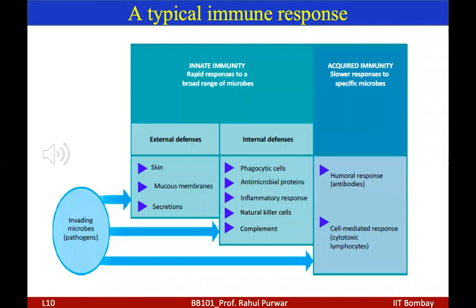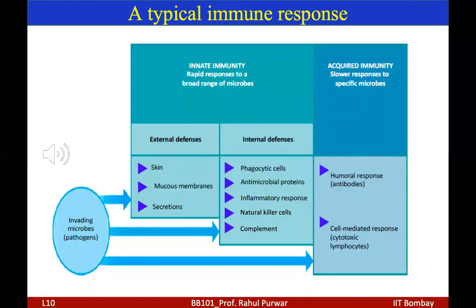So how are typical immune responses generated? You go from left: any pathogen or invading microbe comes to our body. For example, first it will come to the skin or the mucosal membrane or the secretions. They will act as the external defense. Correct?